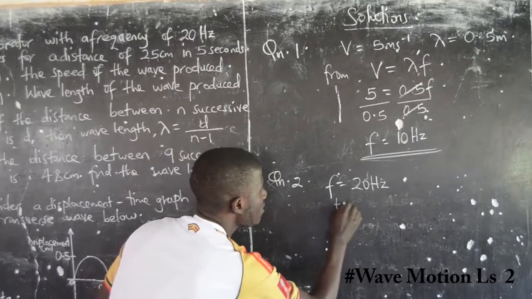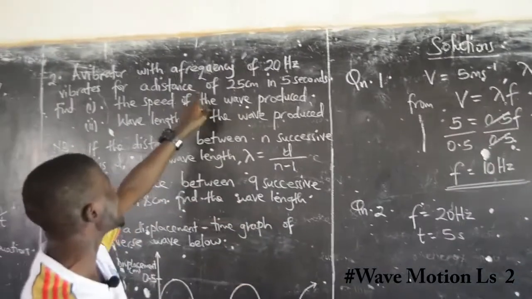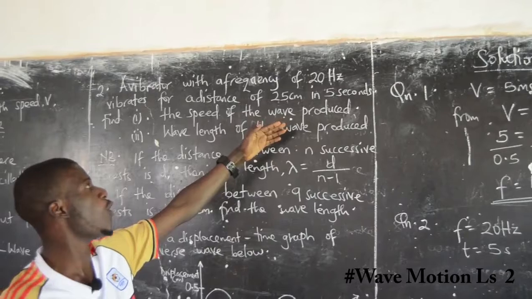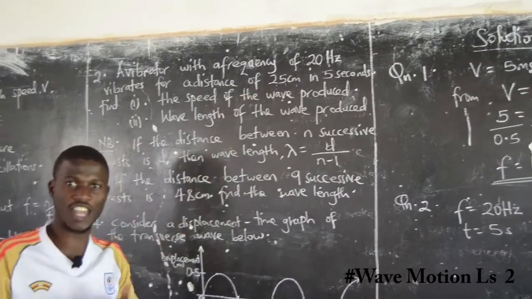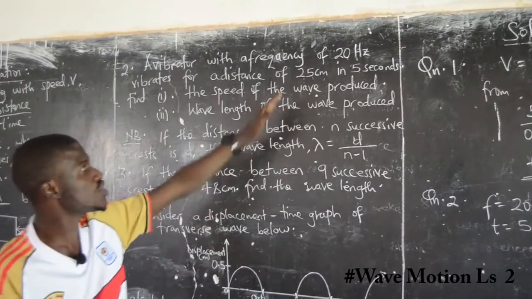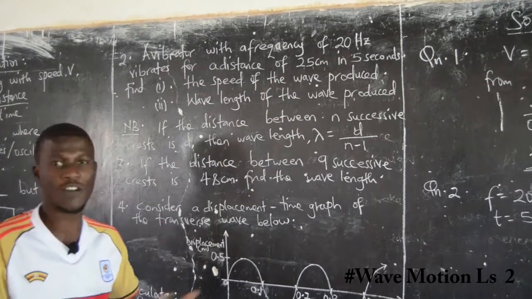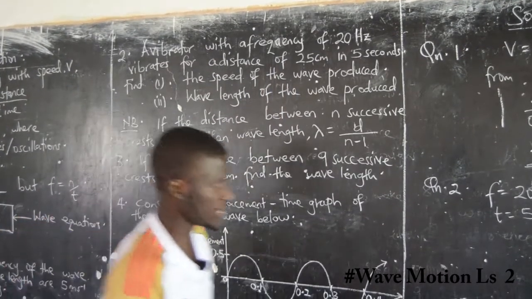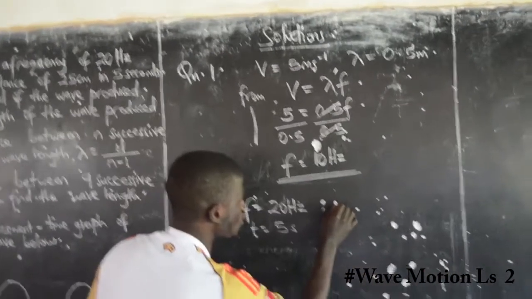The time is 5 seconds, and the distance is 25 centimeters. In physics, we consider the SI unit, so this distance given as 25 centimeters, convert it to the SI unit.